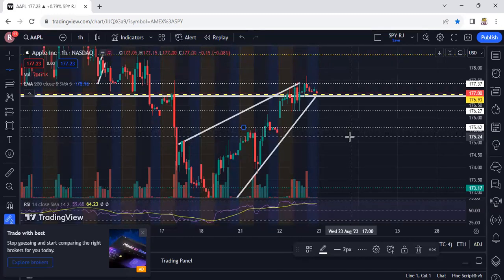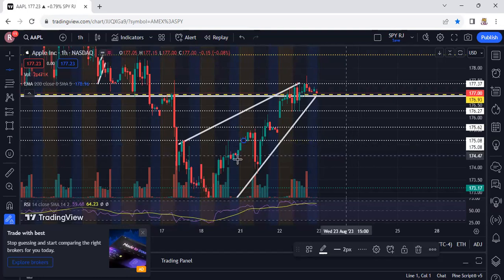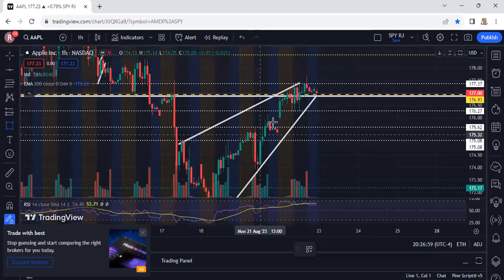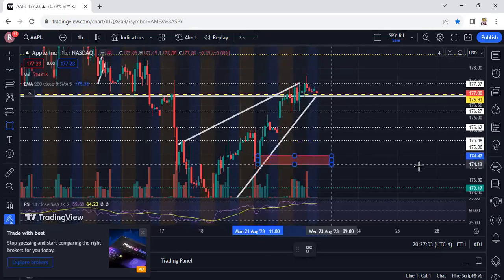If we come down, trying to find some more levels, I would say that one right here, 175.08. And then from that point, you would be coming all the way down to this point right here.